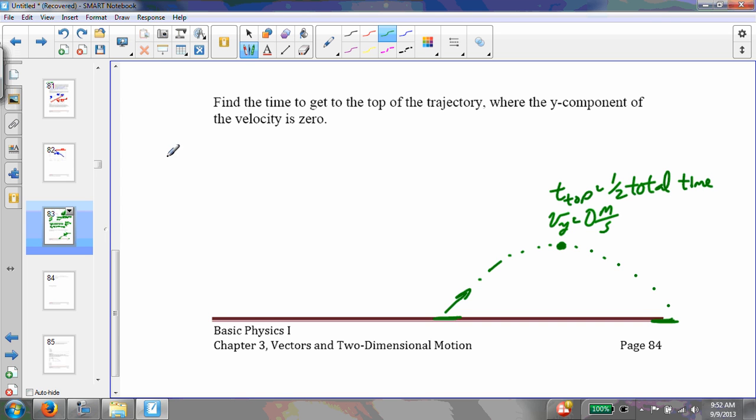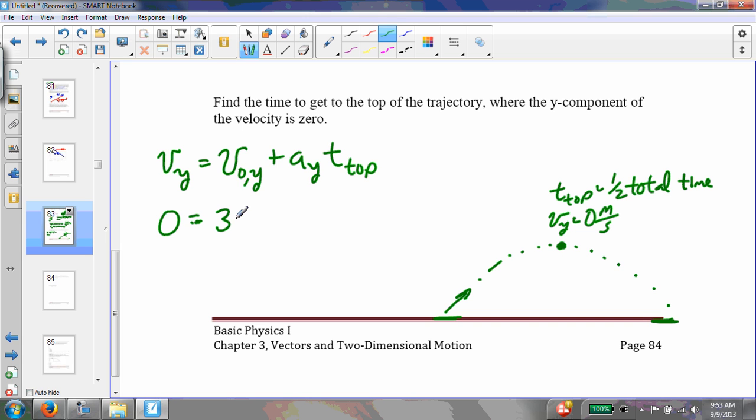All right, so begin with my kinematics equation. And notice that whenever I use these kinematics equations, I'm always putting a y or an x, because I need to know which dimension I'm talking about. And I'm going to call this t top. That's the time at the top. And so this is going to be 0.